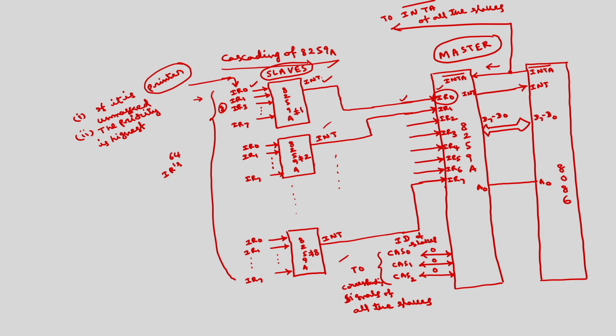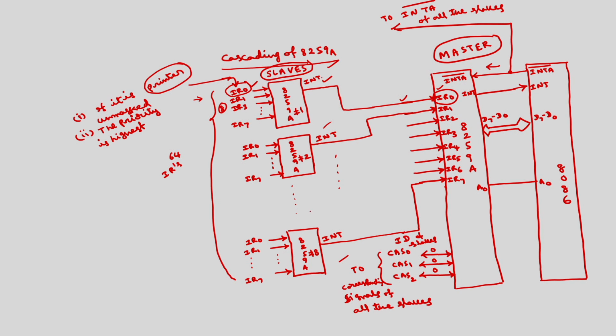In the second and third, it will place the type of interrupt. As I have told, there are 256 types of interrupts, so that corresponding information has to be placed onto the data bus.